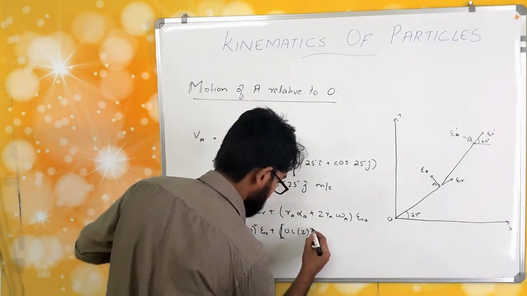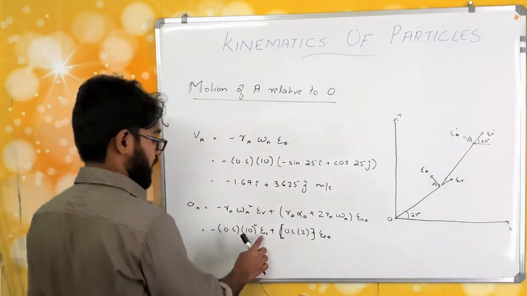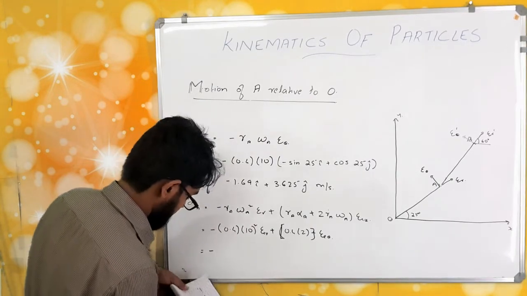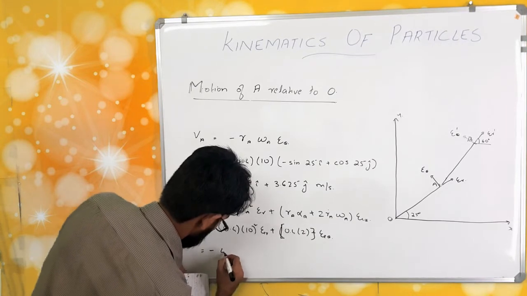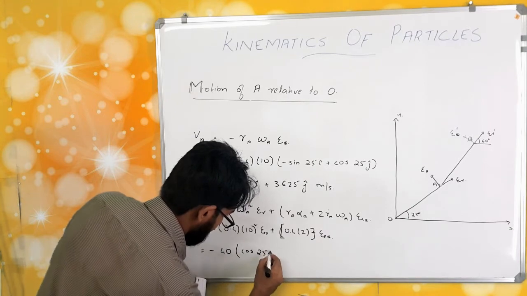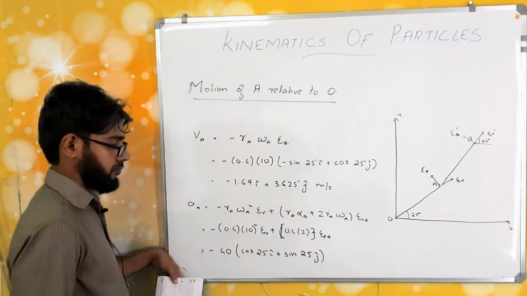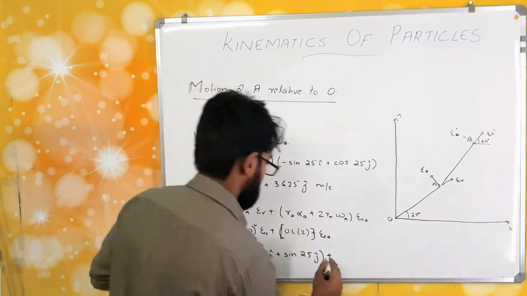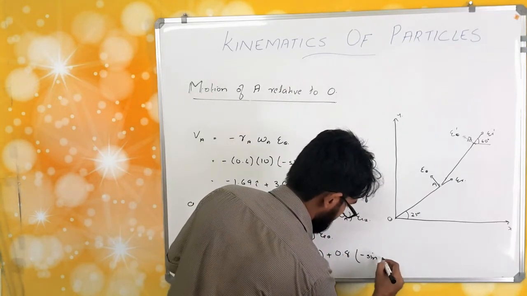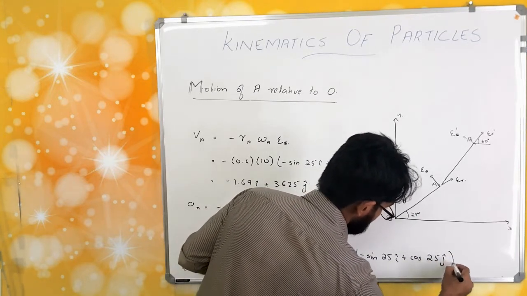So I can stop it out here, epsilon theta. Now if you convert epsilon r and epsilon theta, you will get minus 40 into epsilon r is cos 25 I cap plus sin 25 j cap plus 0.8 epsilon theta, it is minus sin 25 I cap plus cos 25 j cap.